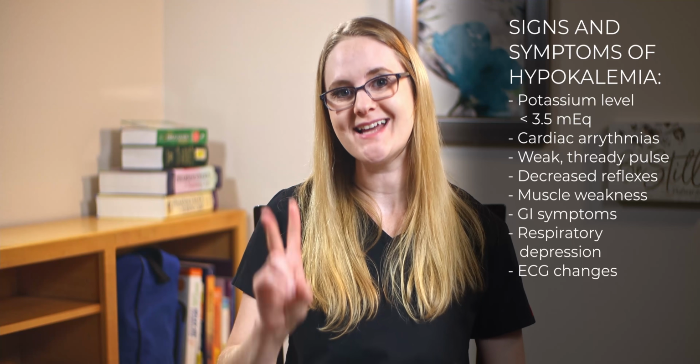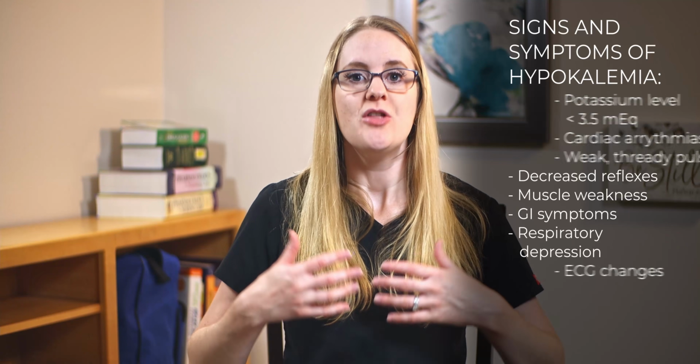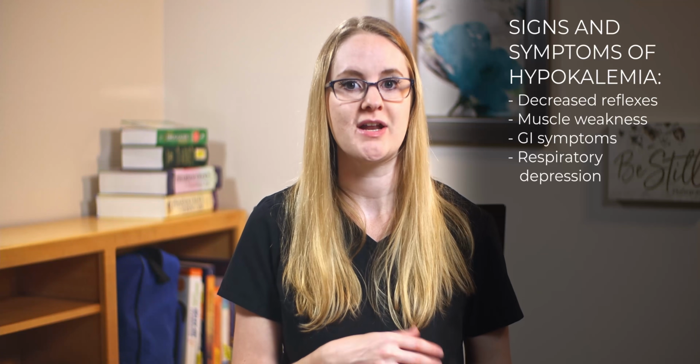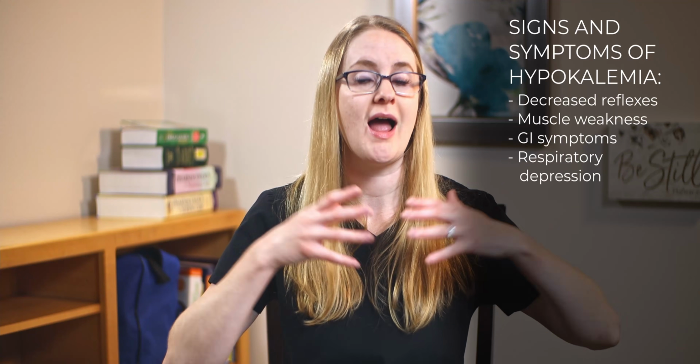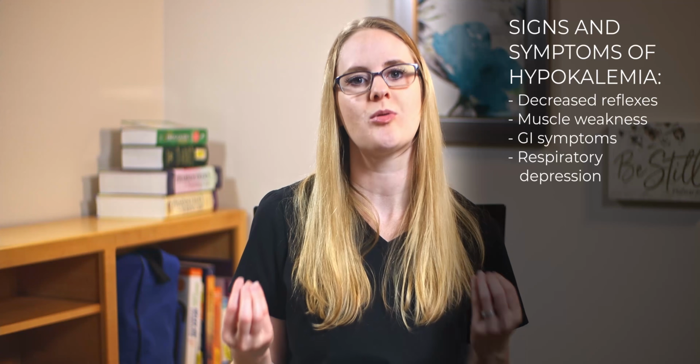Now, let's talk about the second category of symptoms, which are those muscle symptoms. And these include decreased reflexes, muscle weakness, GI symptoms, like we said, constipation, nausea, vomiting or paralytic ileus, and respiratory depression. Now get ready, friend. Let's do some more critical thinking with this one as well. Like we said, potassium plays that key role in helping the muscles contract and work properly.